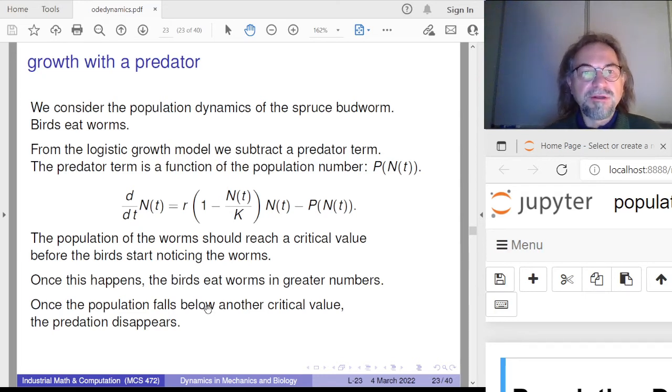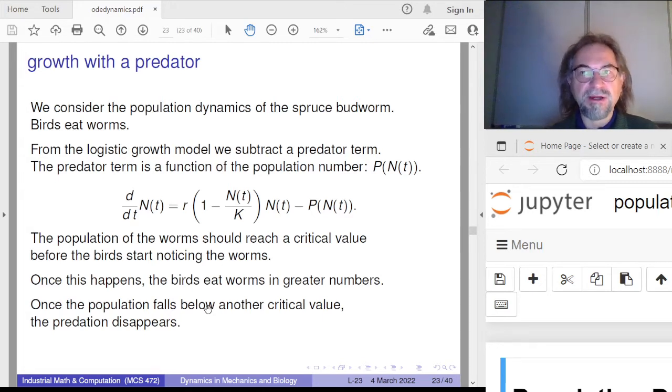So I took the model from the mathematical biology textbook, which I will cite in the end. We have worms, and the worms have a natural predator, they get eaten by birds. So we want to study the evolution of the worm population.